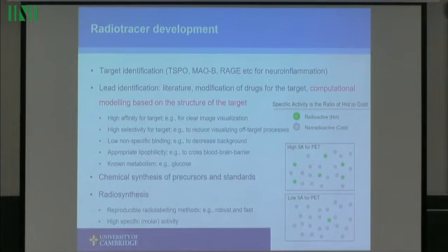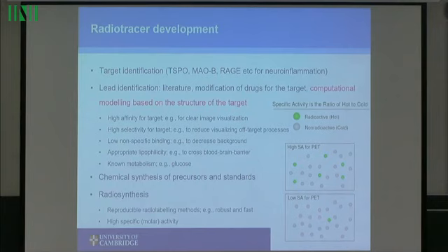There should not be any non-specific binding that would blur the background, and it should have the correct lipophilicity so that the compound can cross the blood-brain barrier, so dissolve in the fat of the cell, dissolve in the aqueous liquid of the cell, again another fat layer, and come out at the other side into the brain.